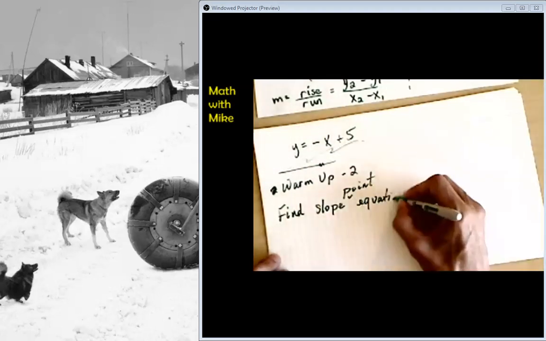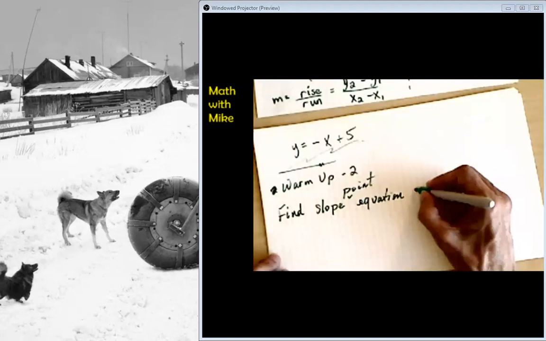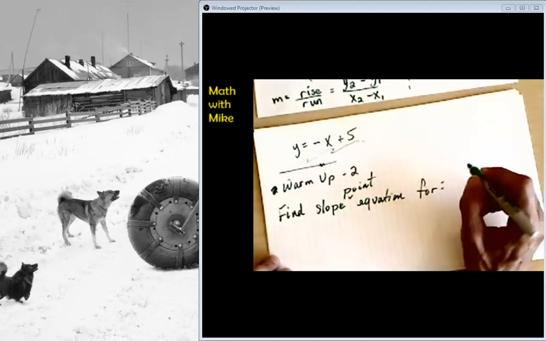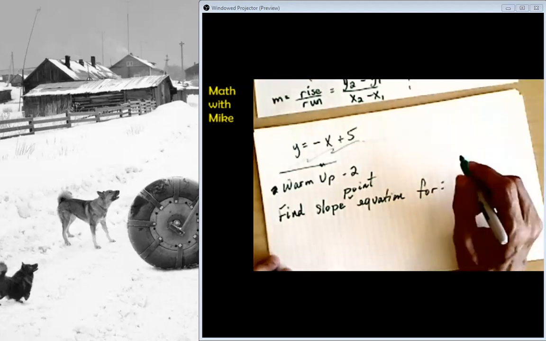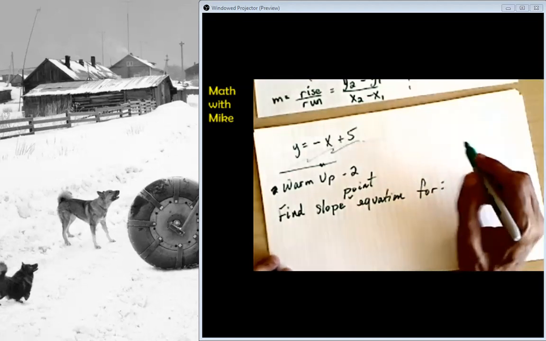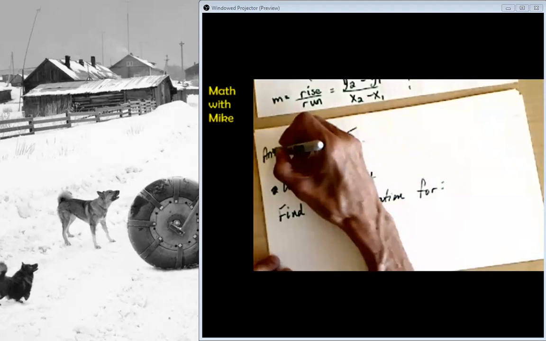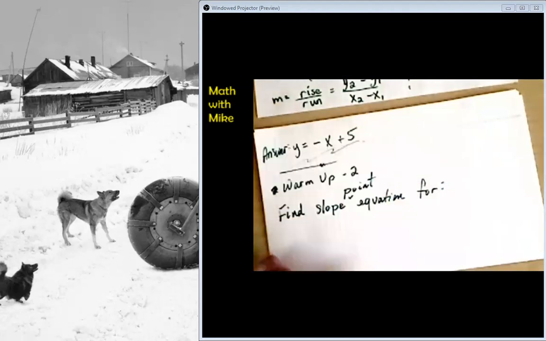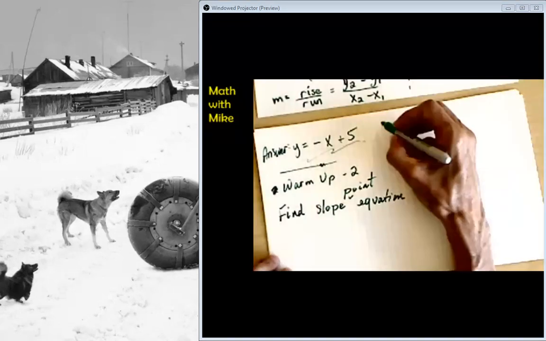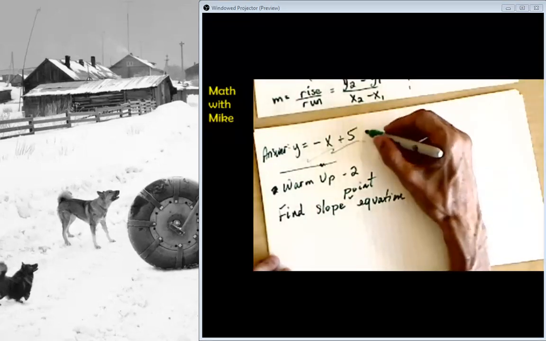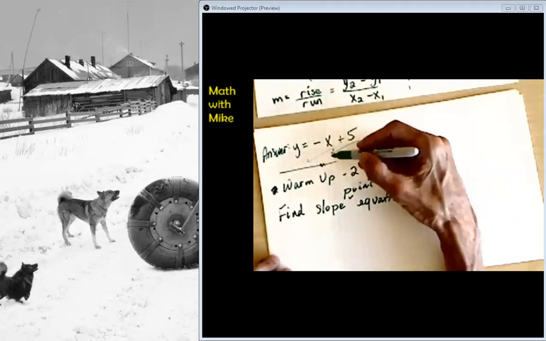Slope point equation. So for this one, slope is -1. Then, yeah, slope is -1. Okay, so this is the answer to the earlier question. Yeah. Oh, okay, good. And then it's... Slope is -1. That's true.